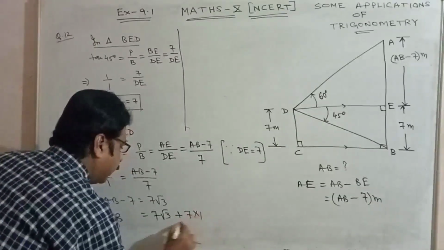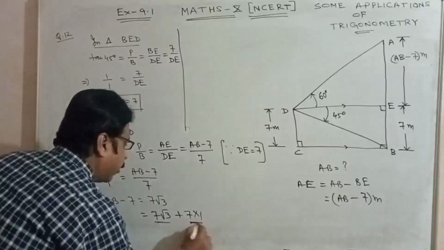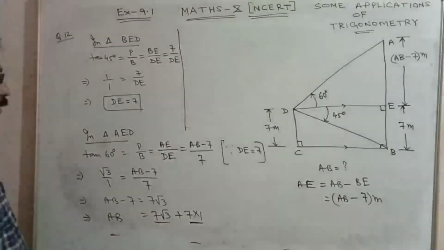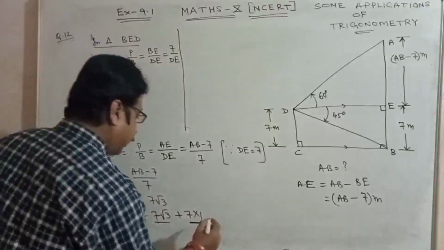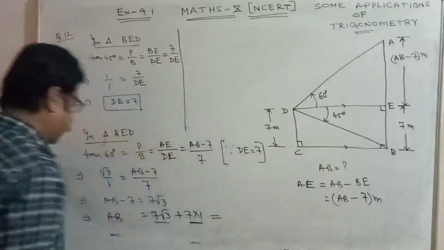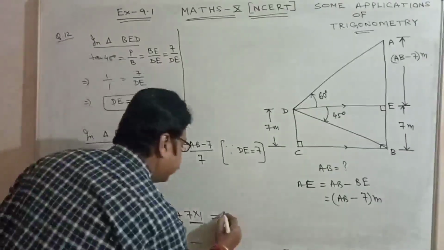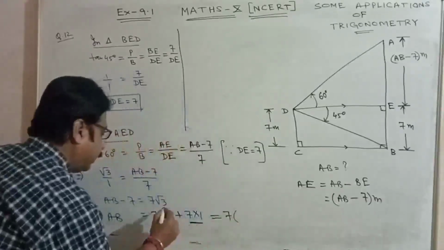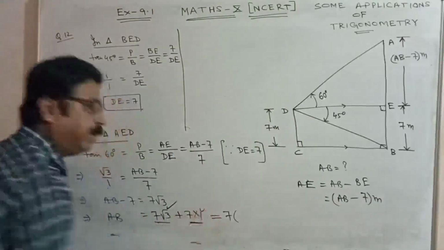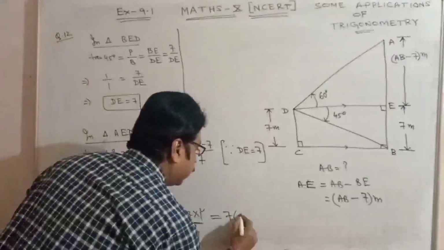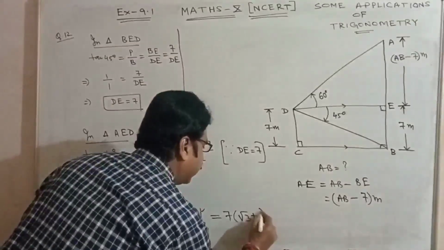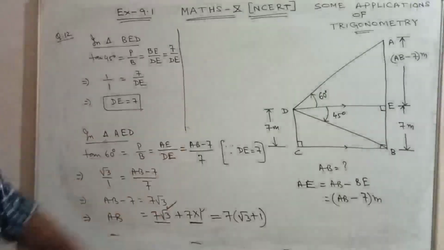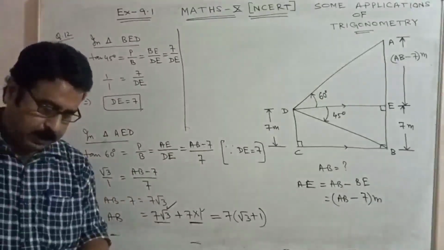You can write 7 as 7 into 1. From here and here we can take 7 as common. Next step it will be 7 common, root 3 plus 1. Root 3 and 1 are left. We got AB, and AB is the height of the tower.